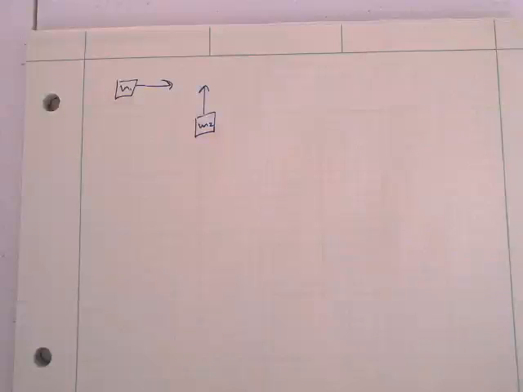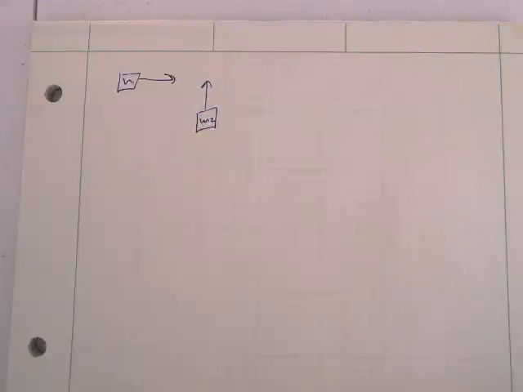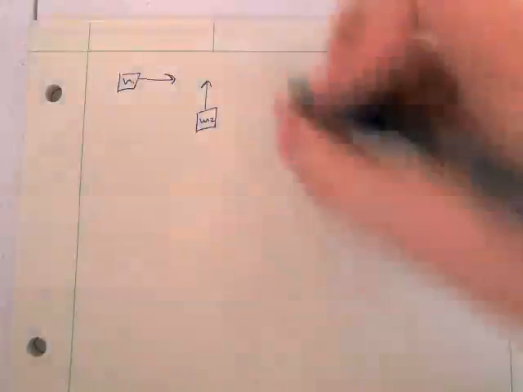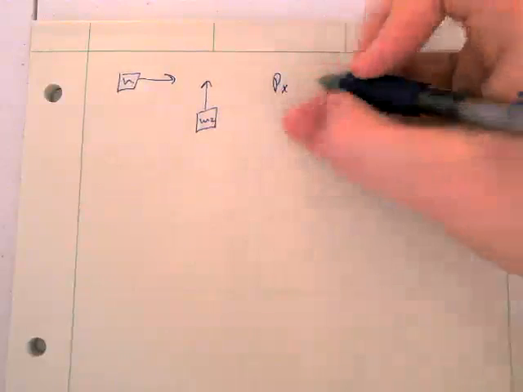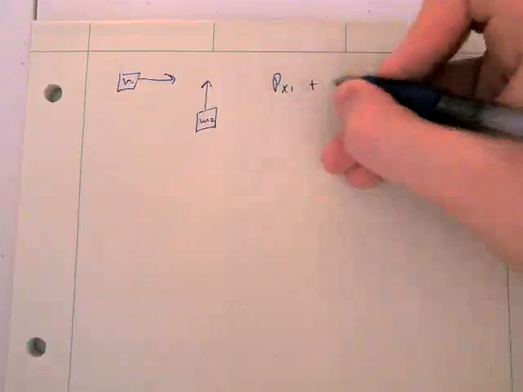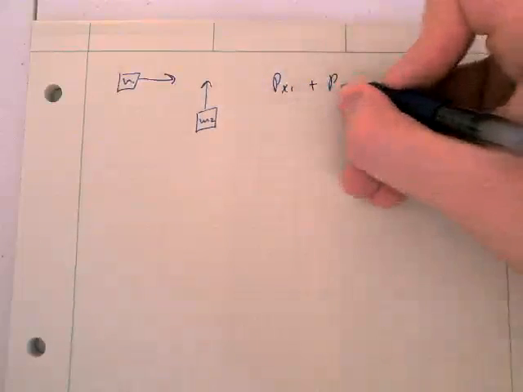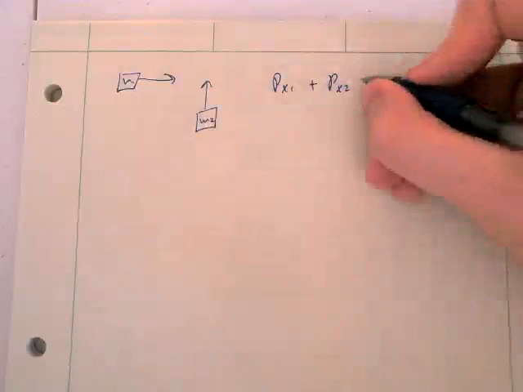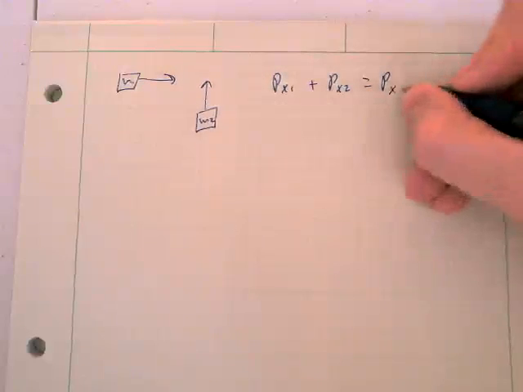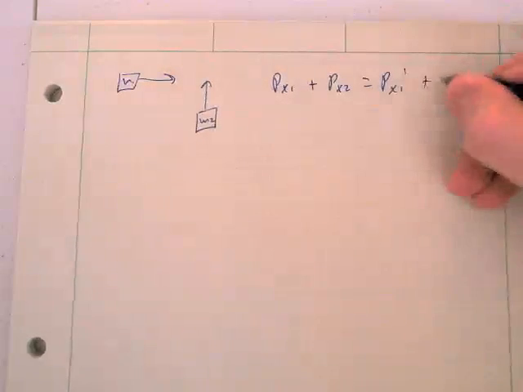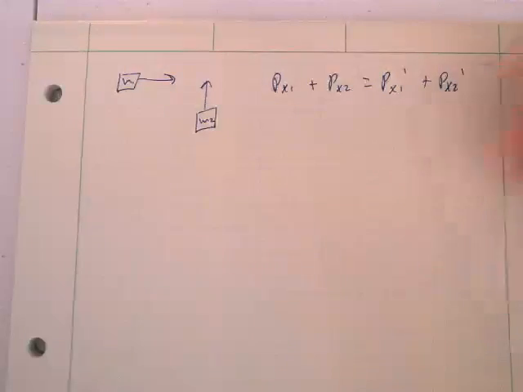But yeah, so when you have collisions that occur in 2 dimensions, you still conserve momentum, right? And it is a vector quantity, so that just means you have 2 conservation of momentum equations, right? You would say px1 plus px2, right, equals px1 final plus px2 final, something like that.